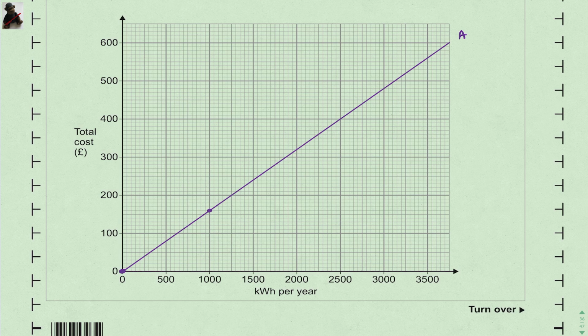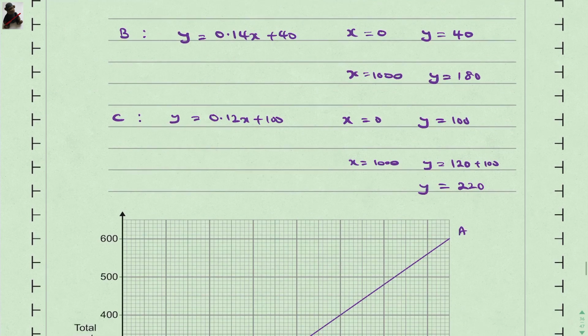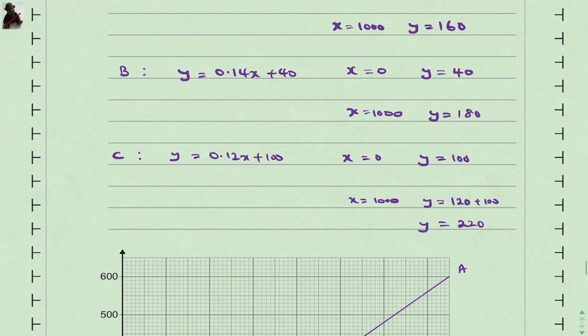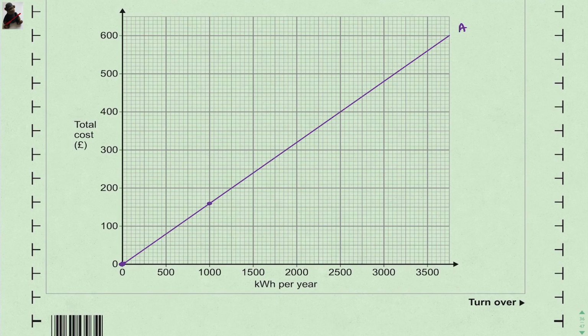Now the second one, tariff B. When x is 0, y is 40.